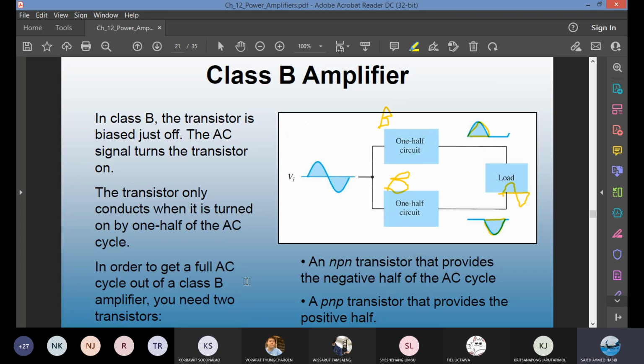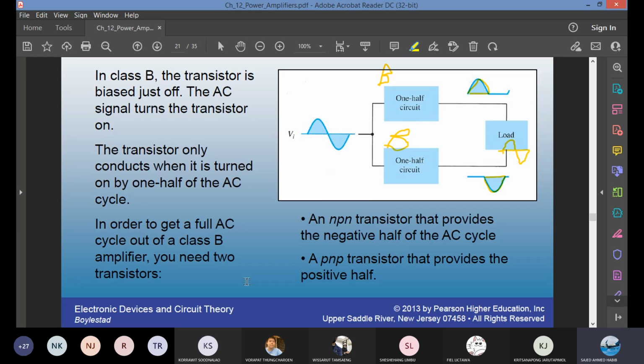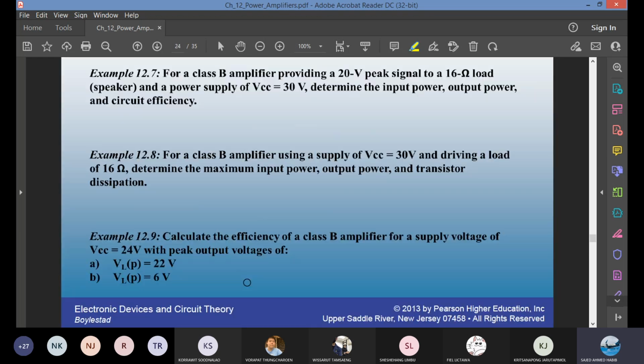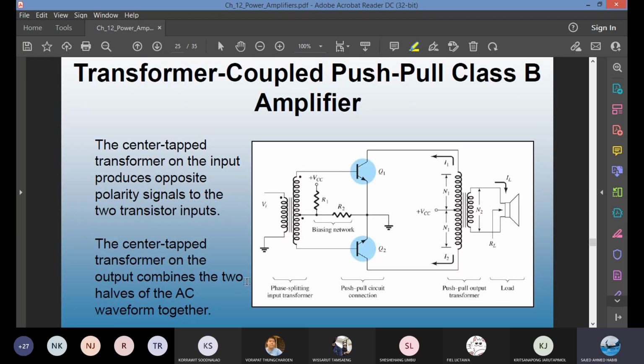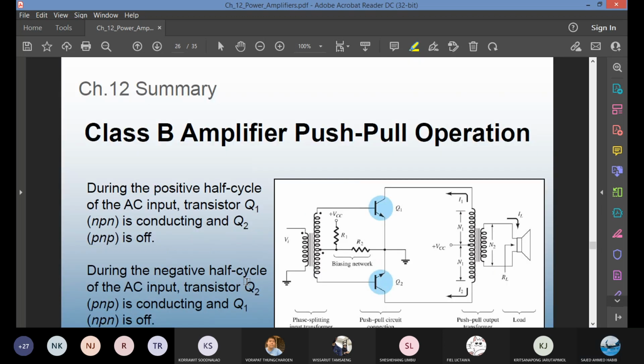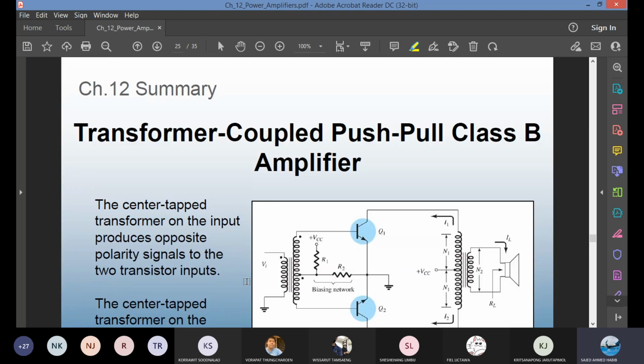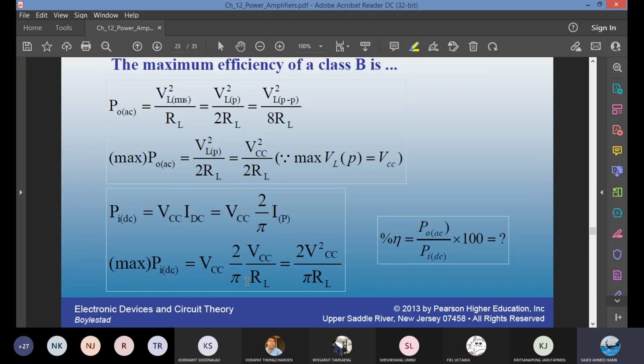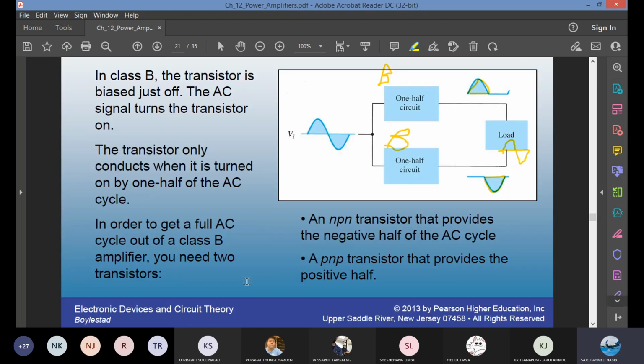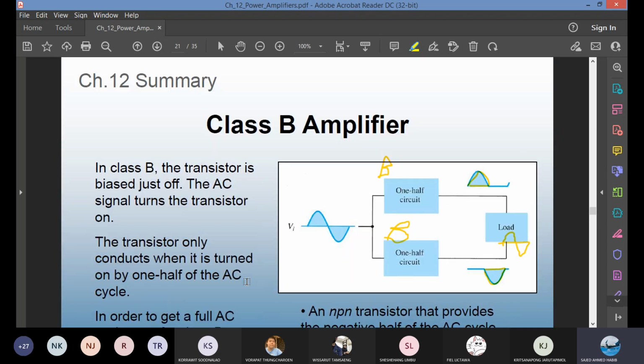For a push-pull configuration, both have to be the same type, both NPN or both PNP. Just to show you quickly, both are NPN, the arrow is pointing out. But if you make one PNP and the other NPN, it is called complementary symmetry. We don't study that circuit in this course. So for our next class on Thursday, we'll go into the detail of Class B.